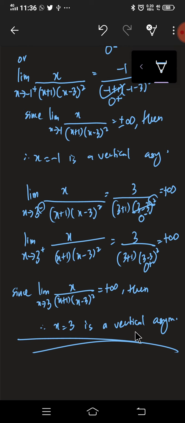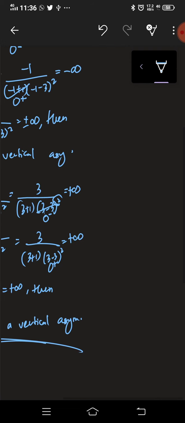For the second question, they ask you to find the limits at infinity. So how to find the limits at infinity? It means that we want to find the limit of x divided by (x + 1)(x - 3)² as x approaches infinity. For positive infinity, first we can expand, because we just want to substitute.